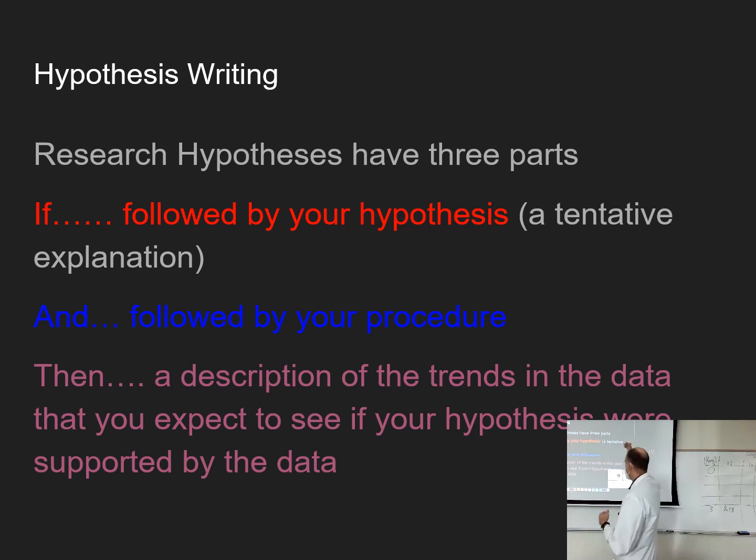So if, and that's your hypothesis, and then you put and that's what you're going to do. And then is followed by your prediction, what you think the data will look like if your explanation is correct and you do these things. That's what a research hypothesis is. It has those 3 parts.